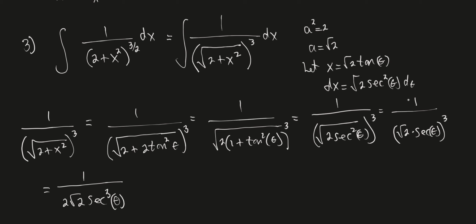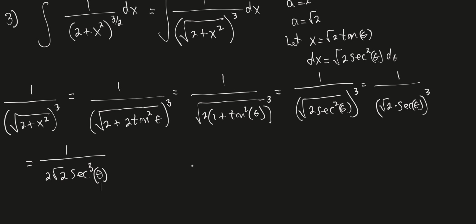We have our differential. Now we get to multiply them and see what happens, right? So our original problem, the integral of 1 over 2 plus x squared to the 3 halves power dx, with this trig substitution, x equals root 2 tangent theta.